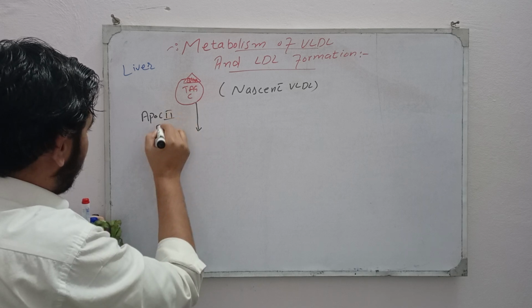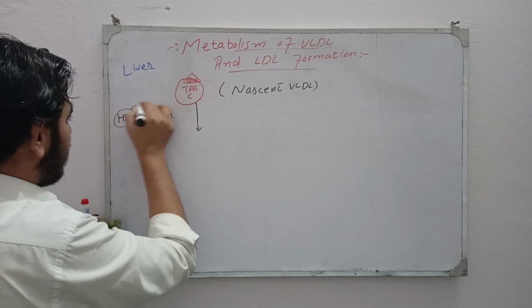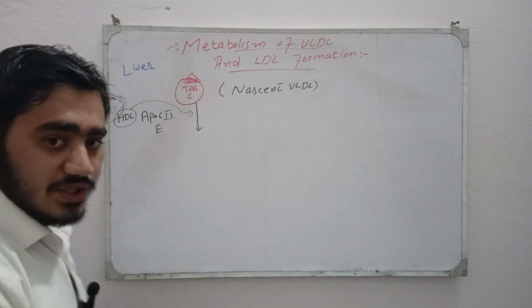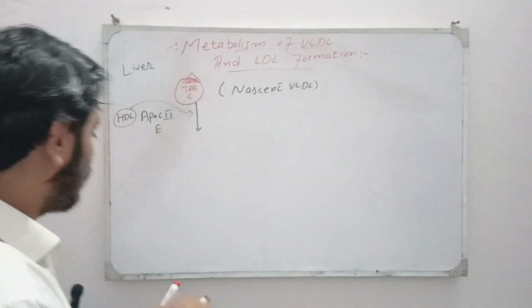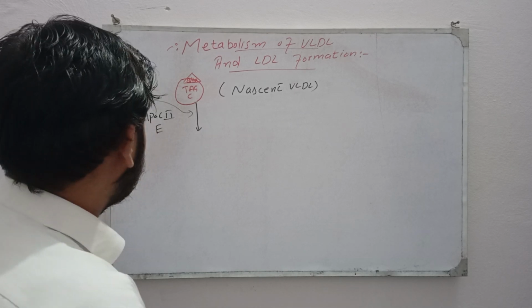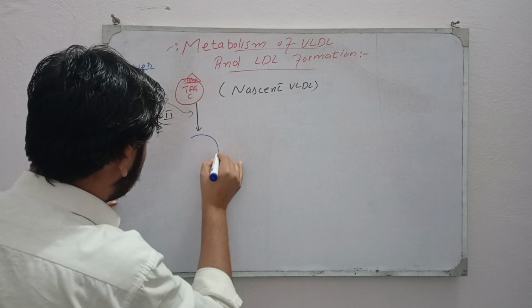ApoC2 and ApoE from HDL get incorporated in nascent VLDL and lead to the maturation of VLDL.